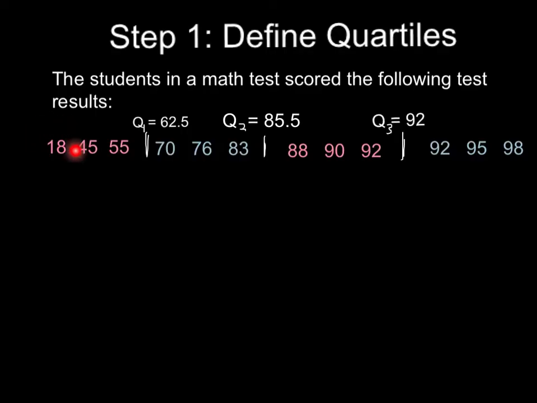You do need to know your minimum point and your maximum point. This is often called the lower extreme value and the upper extreme value. You need to know your value of Q1 or your lower quartile, your value of Q3 or your upper quartile, and your median, which is the same thing as your second quartile.